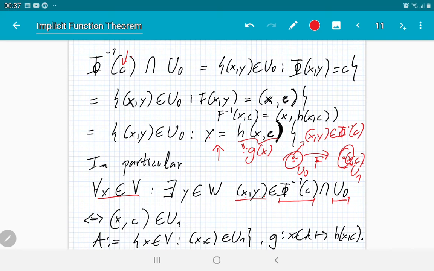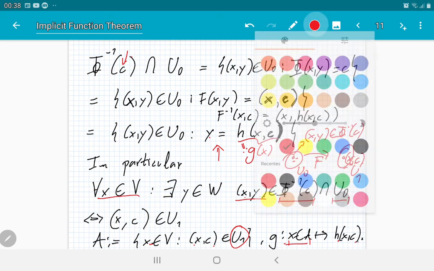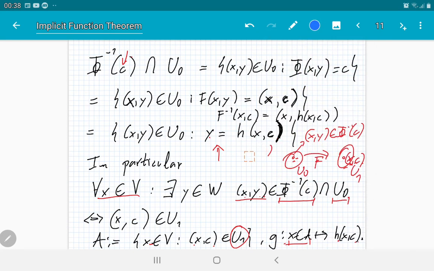So I define A to be the set of all x's in V such that the pair x, c belongs to U1. I define G to be the function that takes x in A and maps it to h of x, c. So this is g of x. Suppose x belongs to A, so x, c belongs to u1.